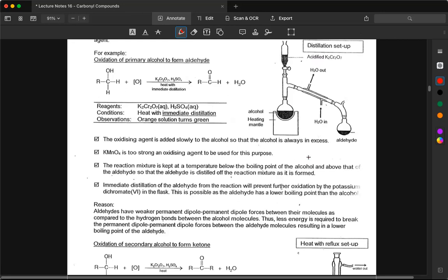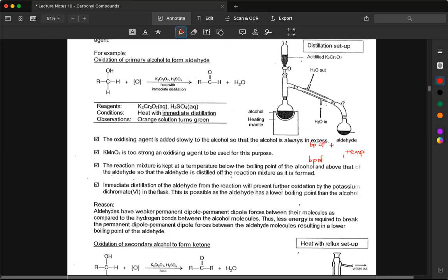So let's say you have the boiling point of alcohol, then you have the boiling point of aldehyde. If your temperature is set in between, my apology, this should be alcohol and that should be aldehyde.